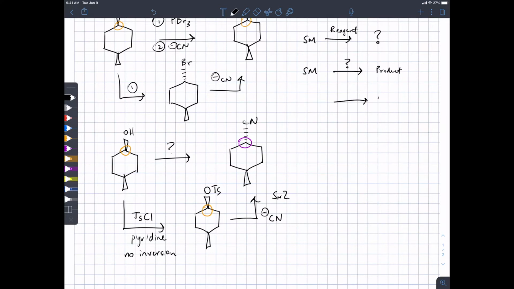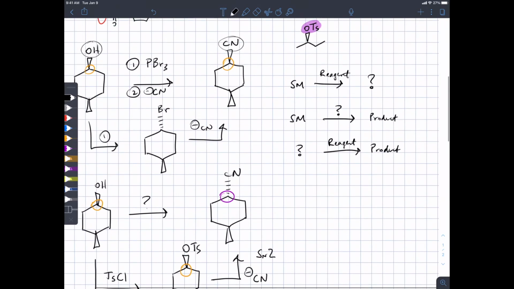And third, if you were given a product and a reagent, could you identify what the starting material would have to have been? You can make yourself flashcards or write things down on a sheet of paper, but if you do that and practice it for each new reaction, it will be much easier for you to answer questions where they ask you, convert molecule A into molecule B, using any of the reactions you know how to do.